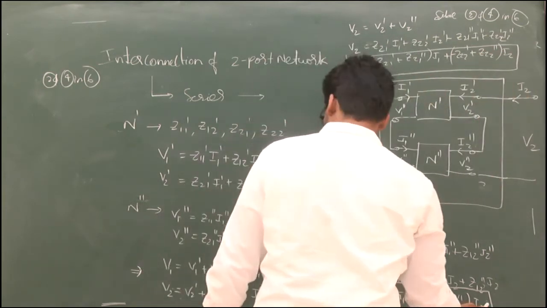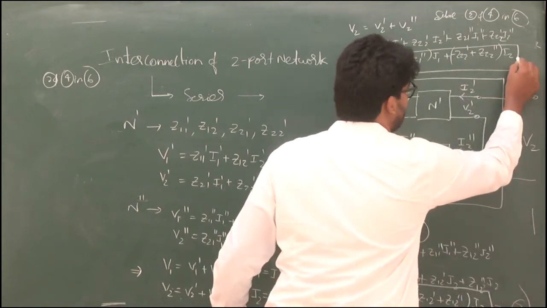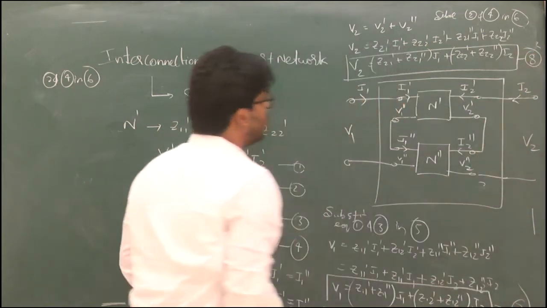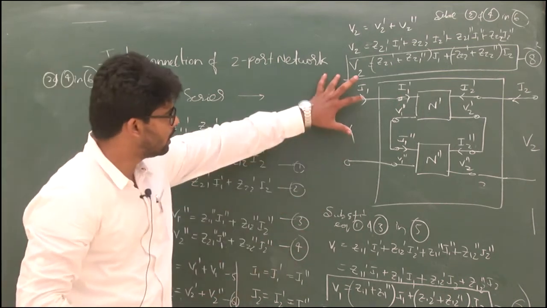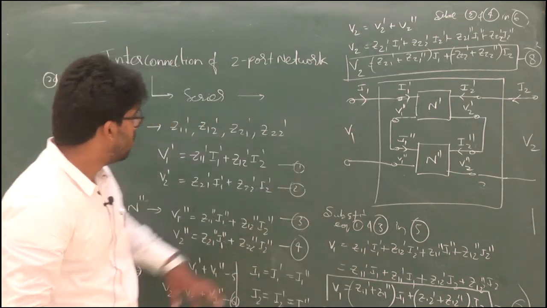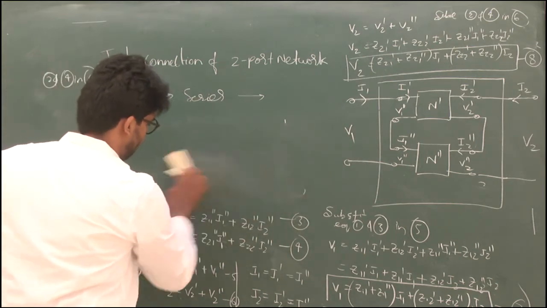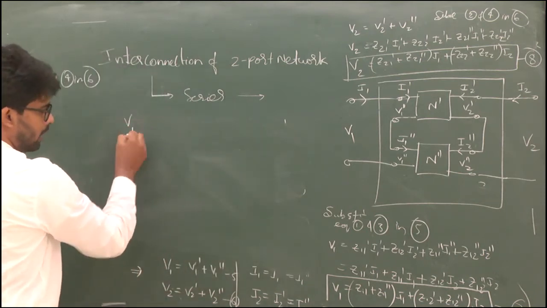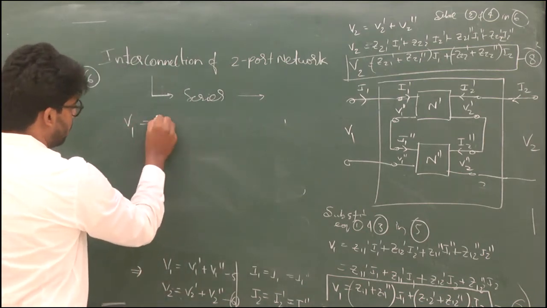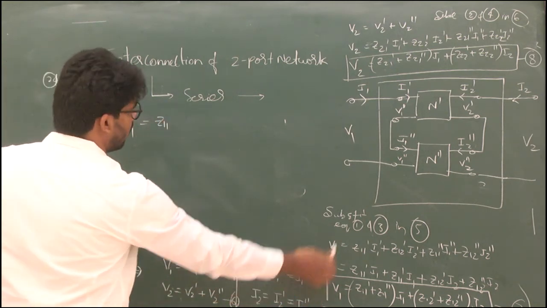These are the two equations we obtained. Let us say this is equation 7 and this is equation 8. If you carefully observe, join equations 7 and 8. The final conclusion is very important.